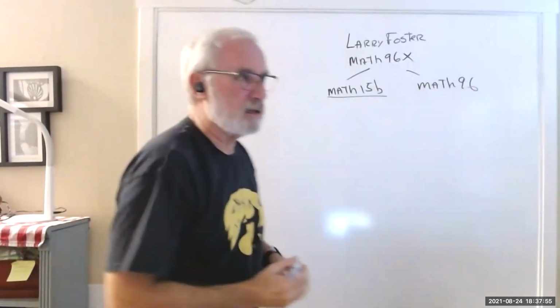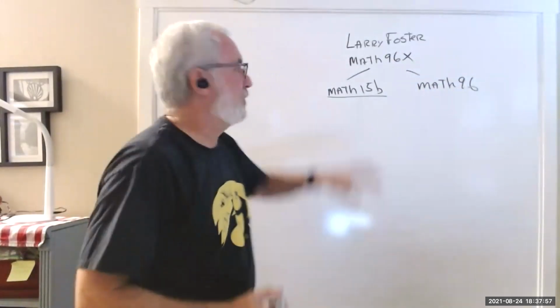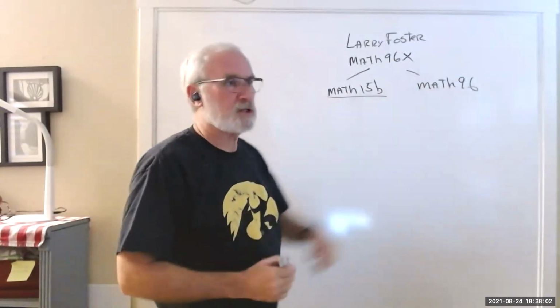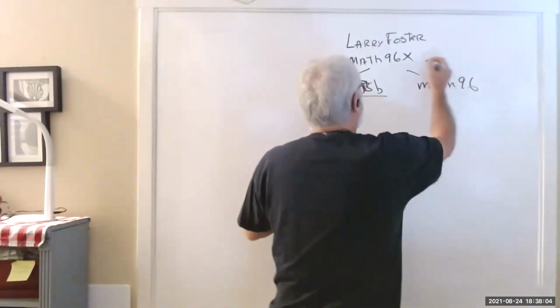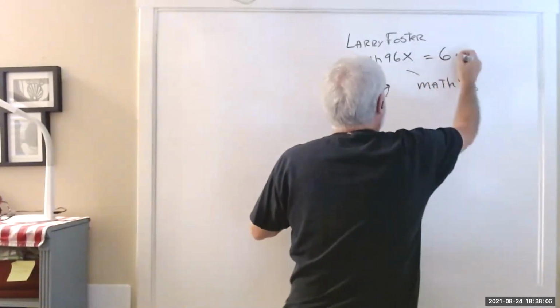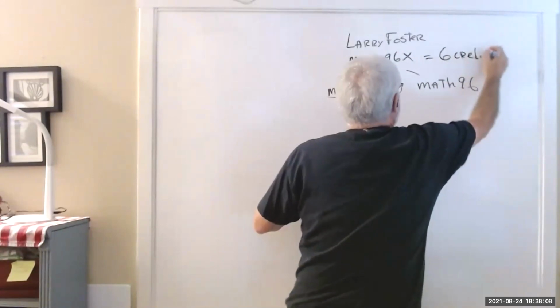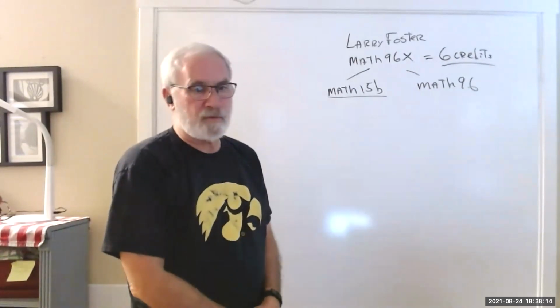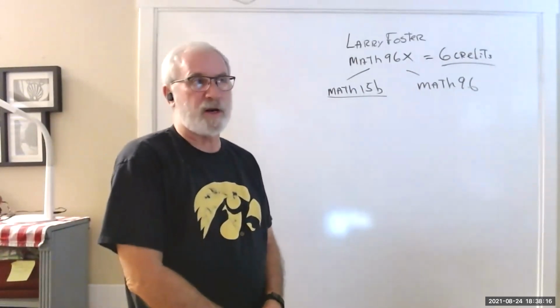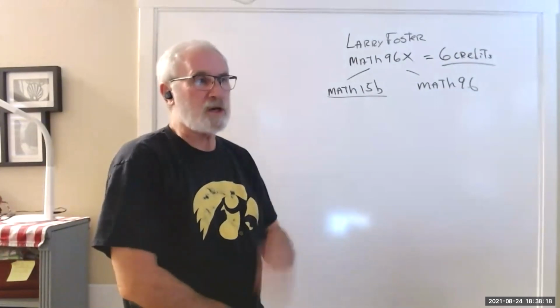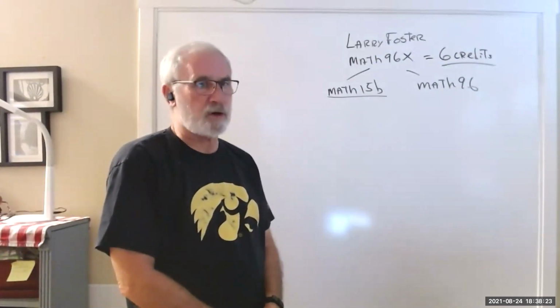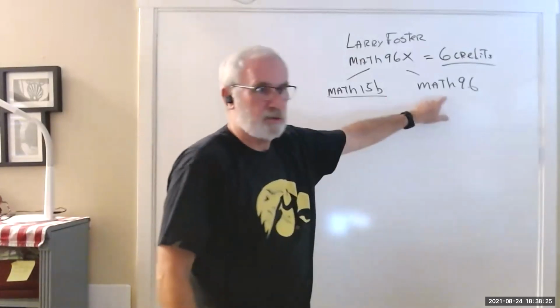There are two classes in one. This equals a total of 6 credits, which is about twice the normal number of credits for any math class. That means you're going to have to do just about twice as much work because there are 2 classes built into one.